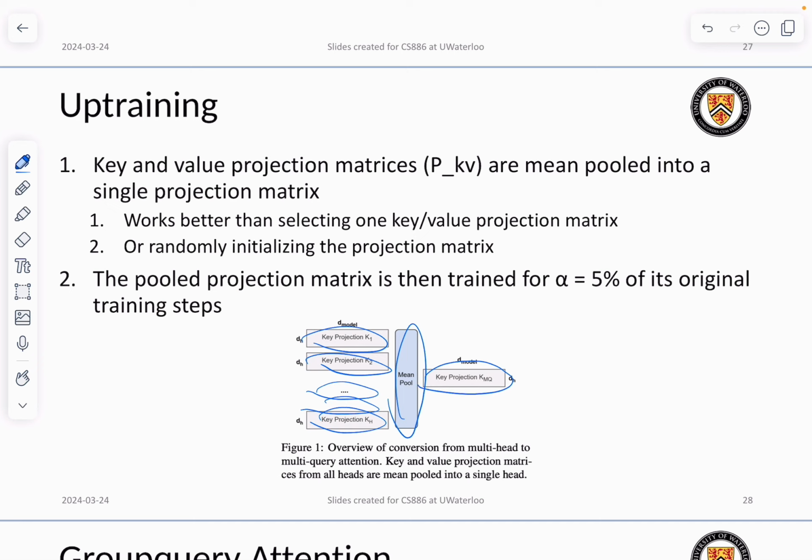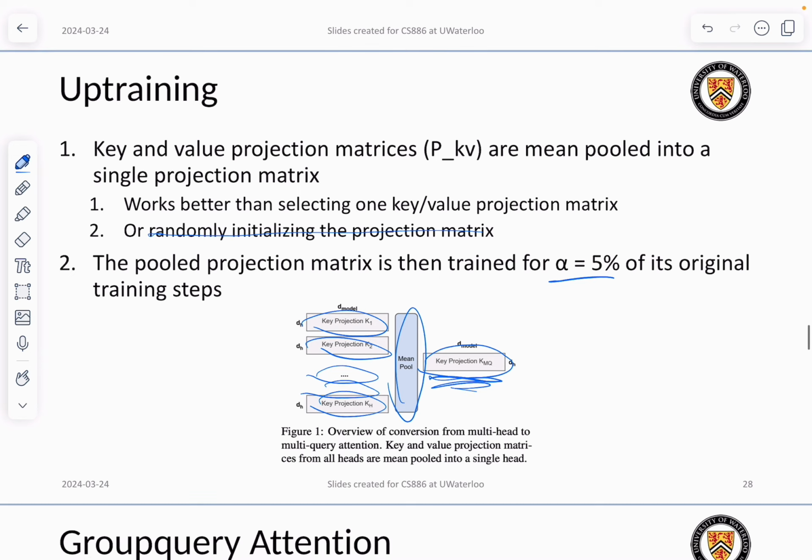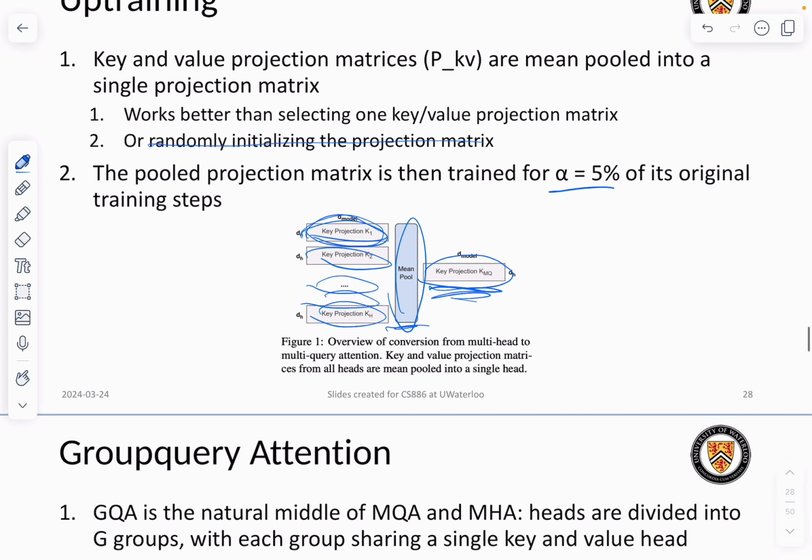This might not work well at first, but we're going to train it with multi-query attention, and then it turns out if we just do 5% of the original training steps, this matrix turns out to be good enough. We can also randomly initialize it. It doesn't work as well, and we can also initialize it from a particular key projection matrix. That also doesn't work as well. The mean pool works the best.